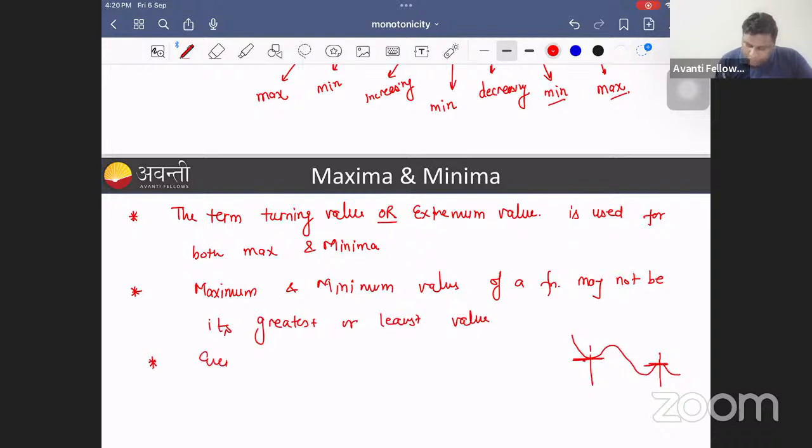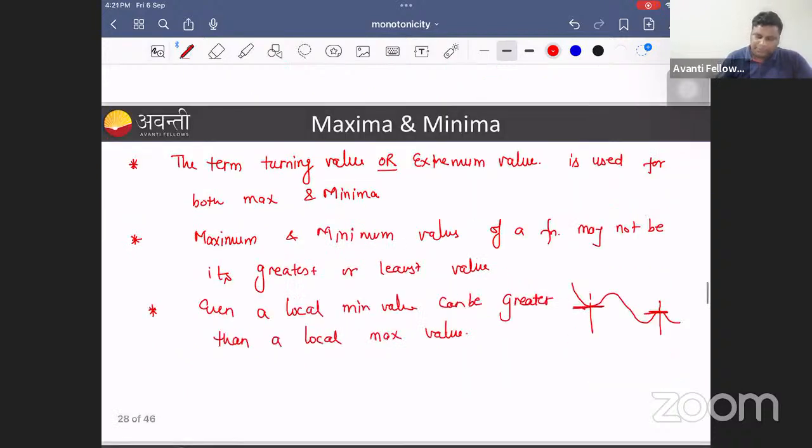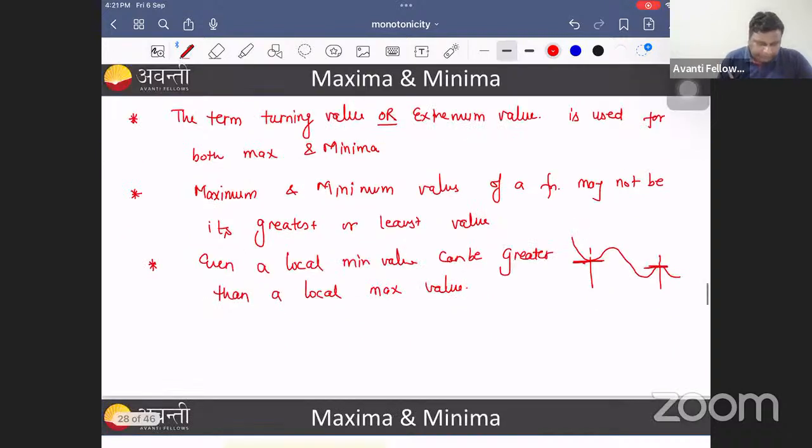Even a local minimum value can be greater than a local maximum value. Am I clear?